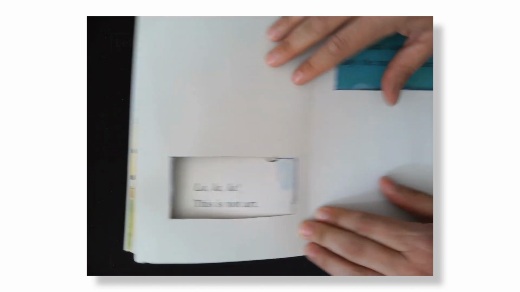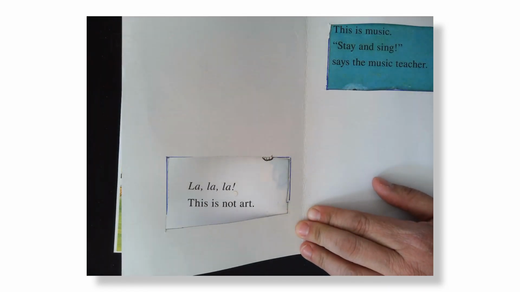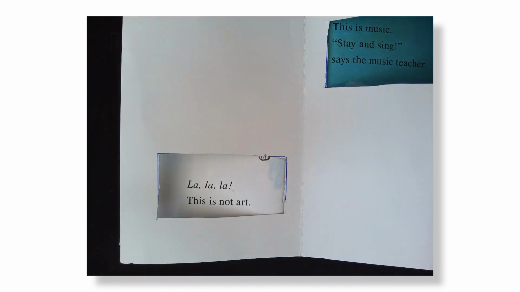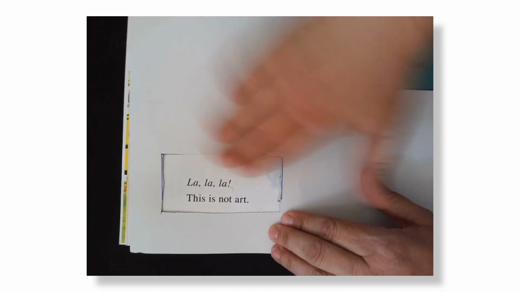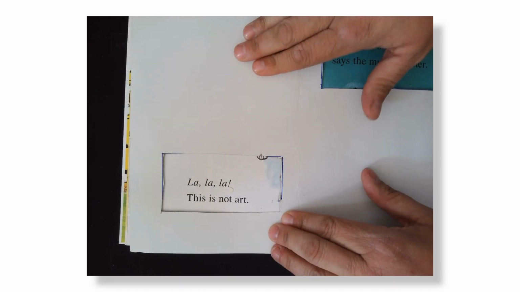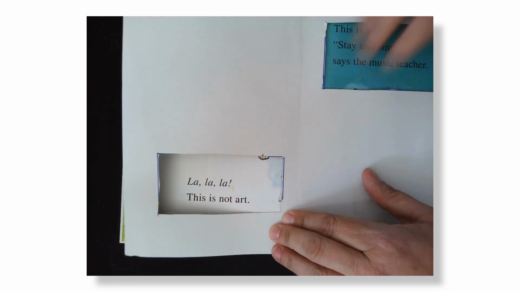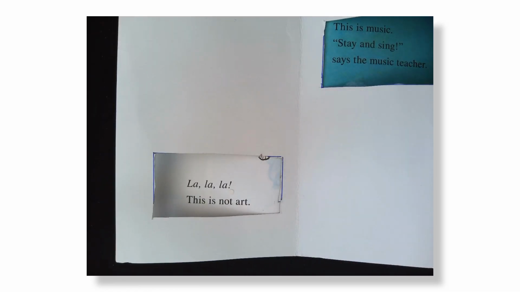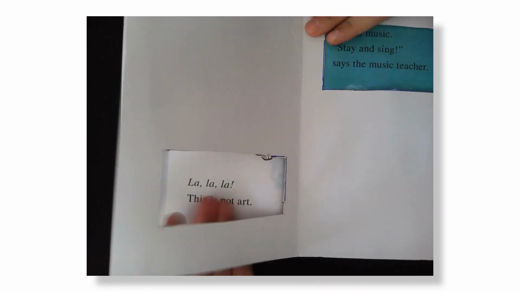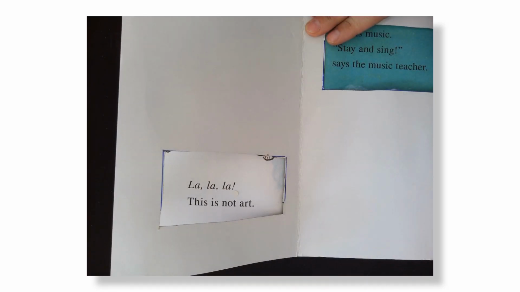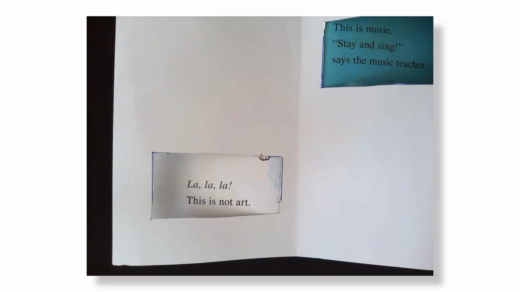All this is a piece of cardboard that I had that came in from a shipment, and I folded it. It fit in the book perfectly, and it allows me to block out the image because I want them to focus on the text. This is a great way. You don't have to keep it whole. You can split it. You can put plastic behind this to make it more visual attention to your child.